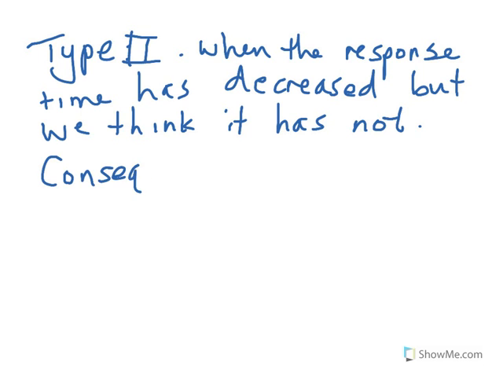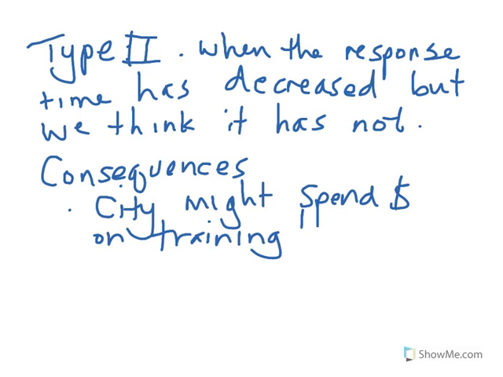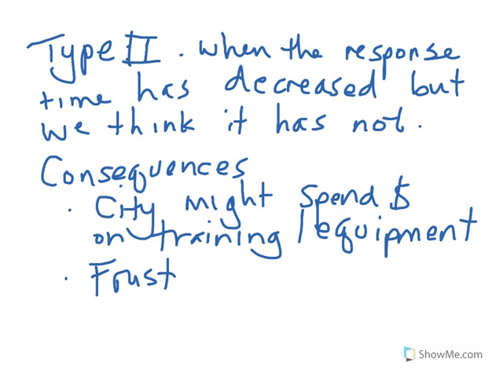Well, the consequences are that the city might spend money on extra training, or extra equipment, perhaps, that they might get. So there's a couple of things that could happen here. You could have some frustration among employees who think they're doing a better job and they are, but that's not being acknowledged.